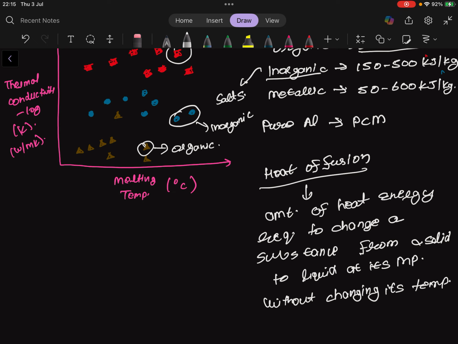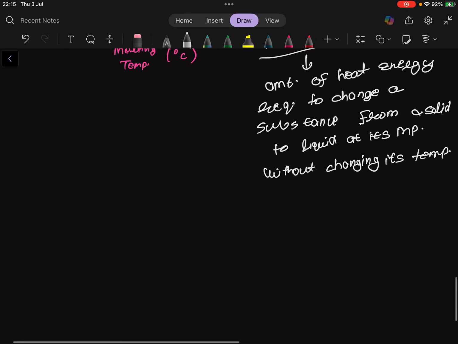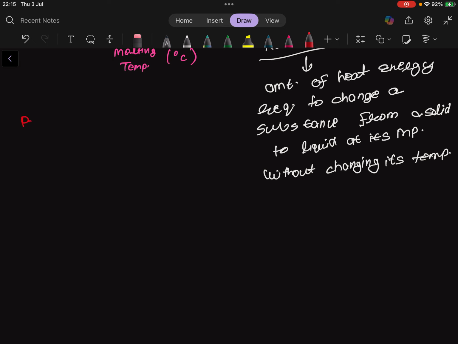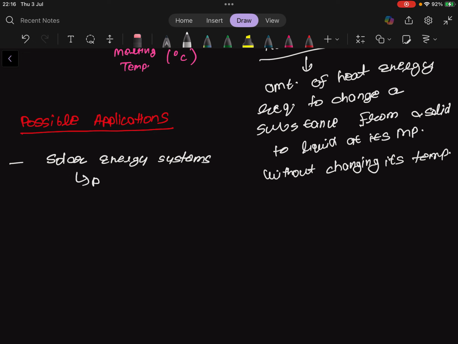So what are the possible applications of phase changing materials? The possible applications can be in solar energy systems, that is photovoltaic cells, and also insulating effects in buildings.